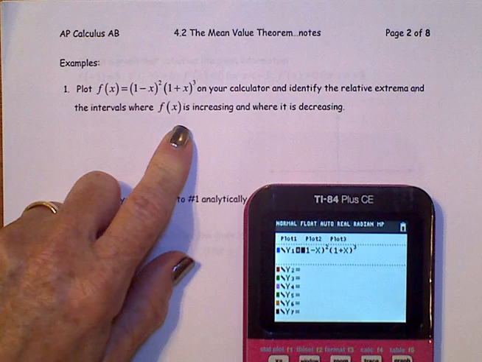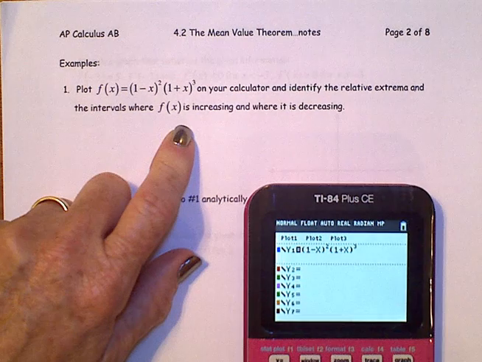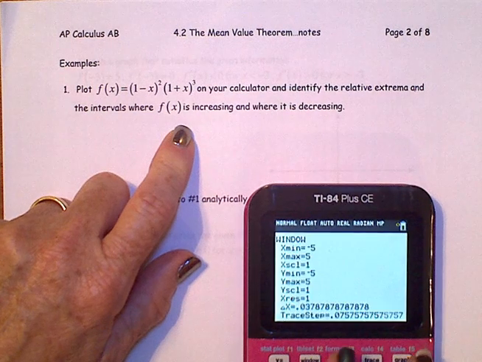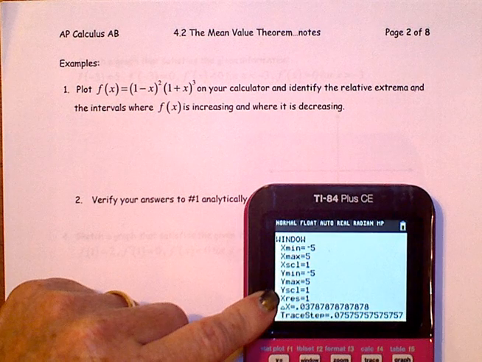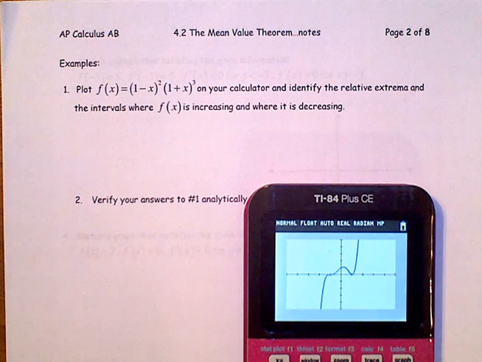I've already entered that onto the calculator and changed the window. My window is set from -5 to 5 in the x's, -5 to 5 in the y's. And here's that graph. This is what we see.